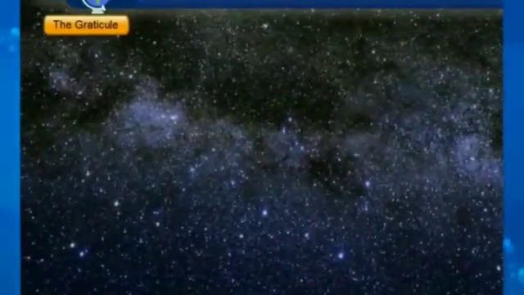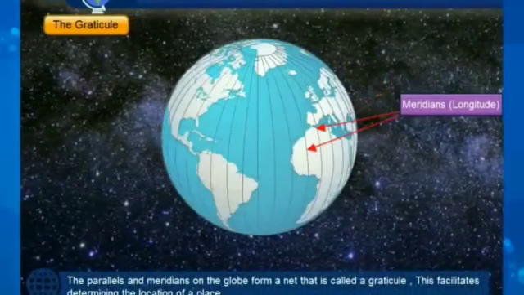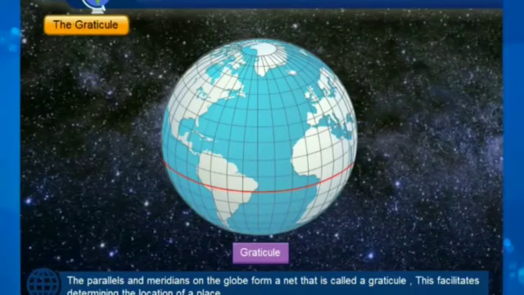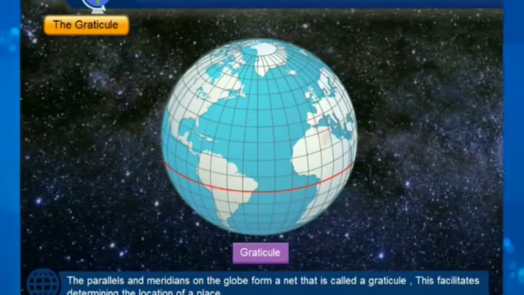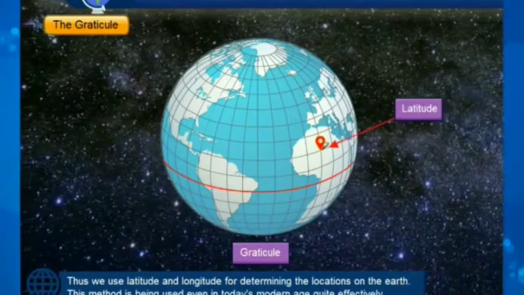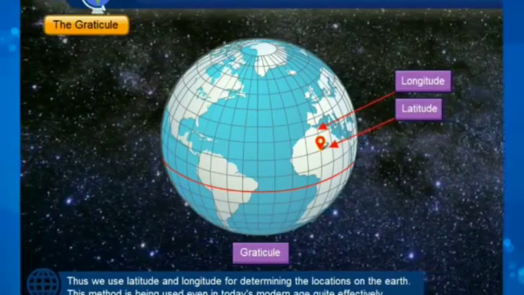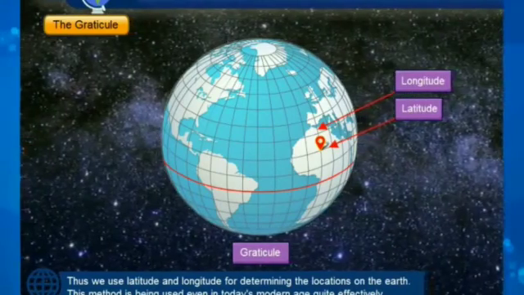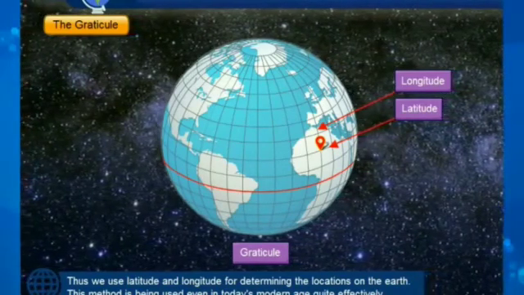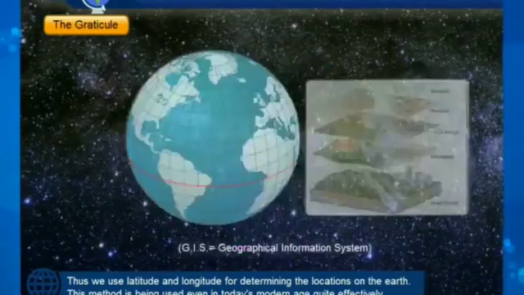The graticule. The parallels and meridians on the globe form a net that is called a graticule. This facilitates determining the location of a place. Thus, we use latitude and longitude for determining the locations on the Earth. This method is being used even in today's modern age quite effectively.